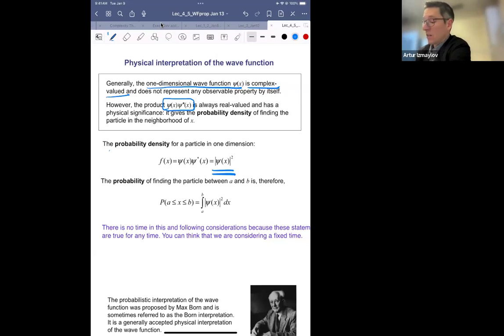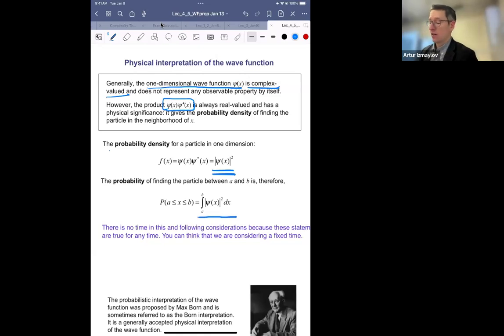What is probability density? It's this quantity that defines the probability. Because we're working with a situation where the random variable, where the particle can be, is continuous, that's a different story than throwing a die, where there are only 6 possible outcomes from 1 to 6.